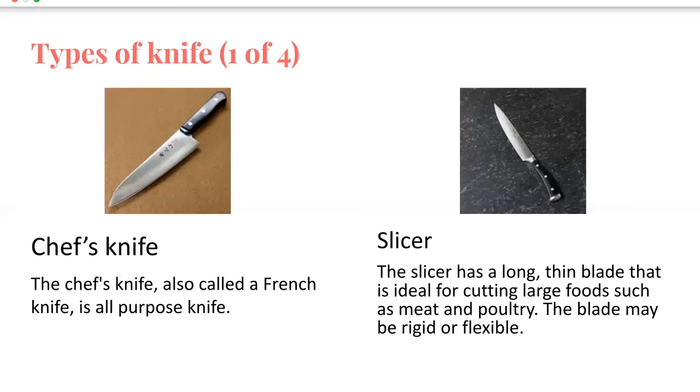And the next knife is slicer. The slicer has a long and thin blade that is ideal for cutting large food such as meat and poultry. And the blade may be rigid or flexible. I usually use a chef's knife for food preparation and a slicer for service.